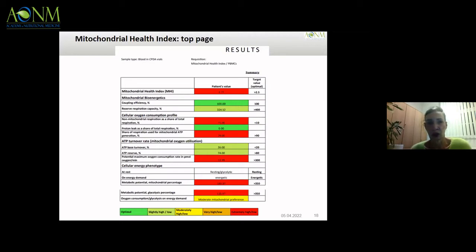That's not too bad. But what we see in red is the non-mitochondrial respiration, 71%. That means that the oxygen which goes into the cell is not used by the mitochondria, but by other oxidases in the cell.